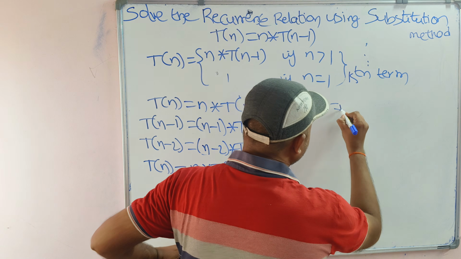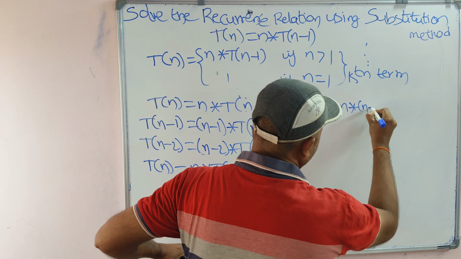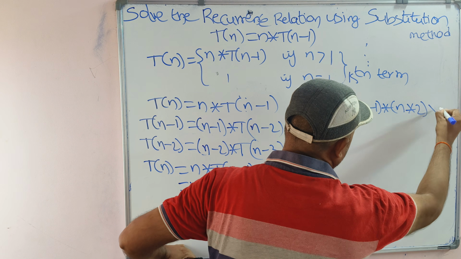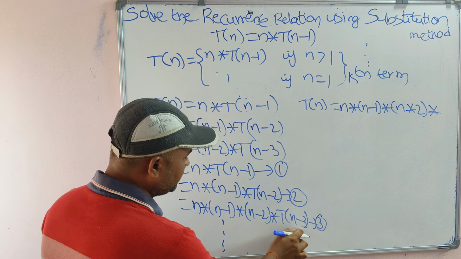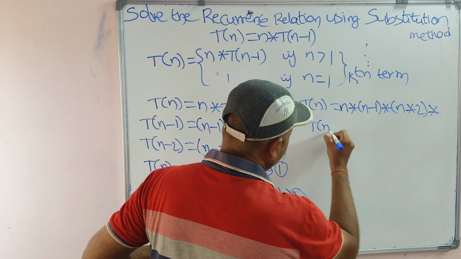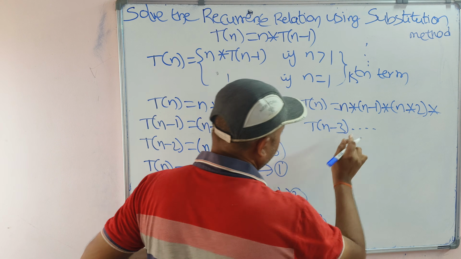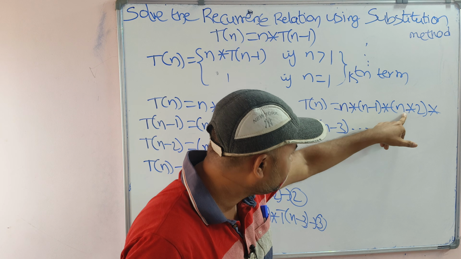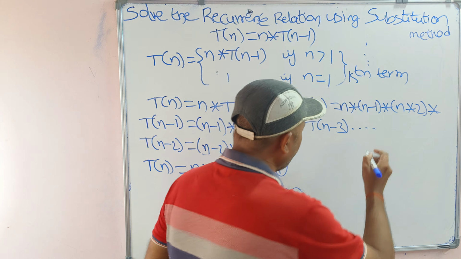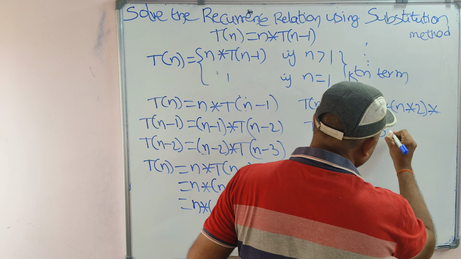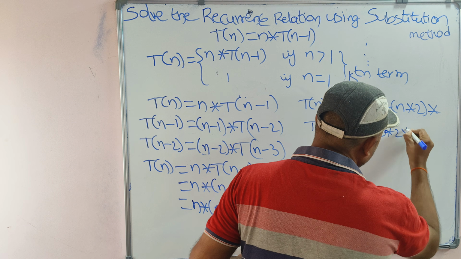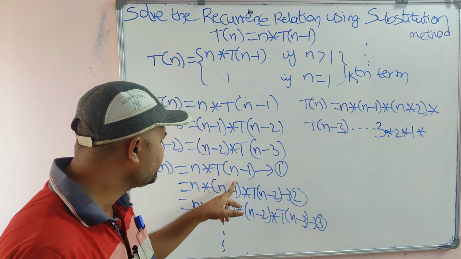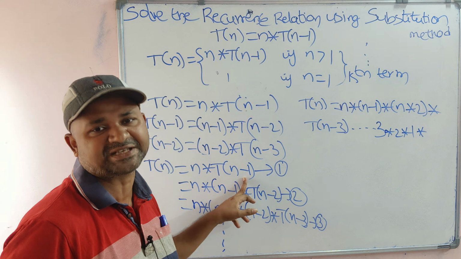So we can write this as n into n minus 1 into n minus 2 into, here we have T of n minus 3, and so on. So let n value is 10: 10, 9, 8, 7, 6, 5, 4, 3 into 2 into 1 into. If you see equation number 1, we have T of n minus 1.